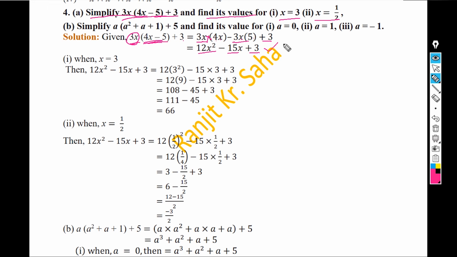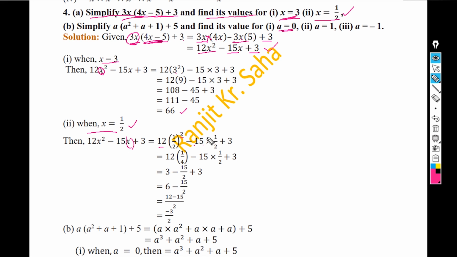And in this, after simplifying it, in the first case you have to put 3 instead of x. Wherever there is x, replace x by 3 and simplify it. I am going to solve the second part, that is when x equal to half. When x equal to half, then put 12 into square of half minus 15 into half.